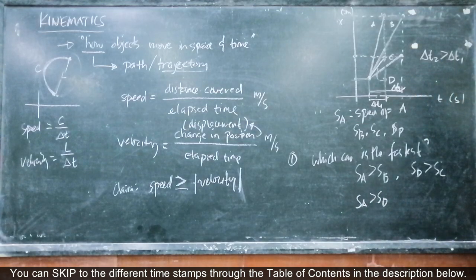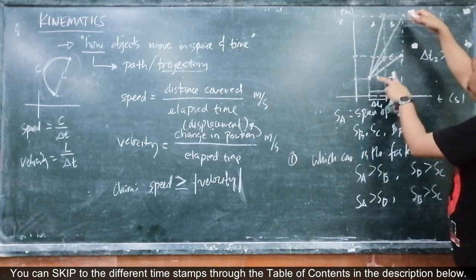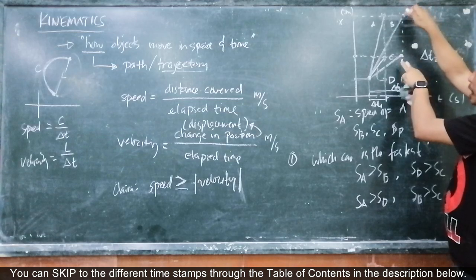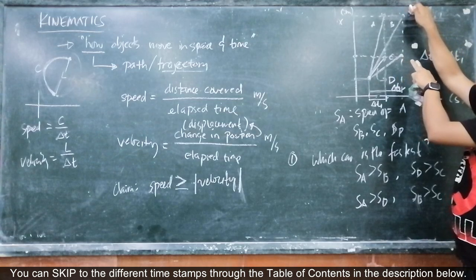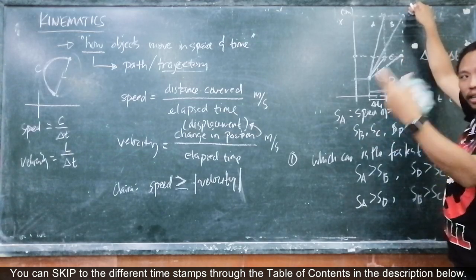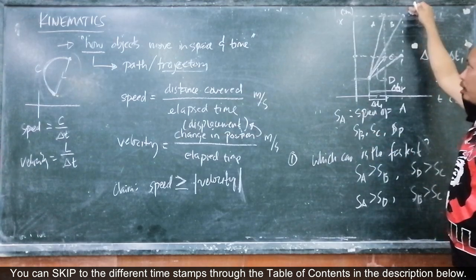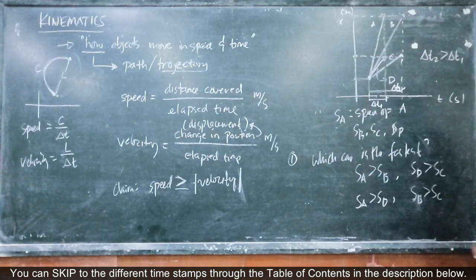How about B and C? SB is greater than SC. Why? They have the same time of travel, but car B had traveled a farther distance.